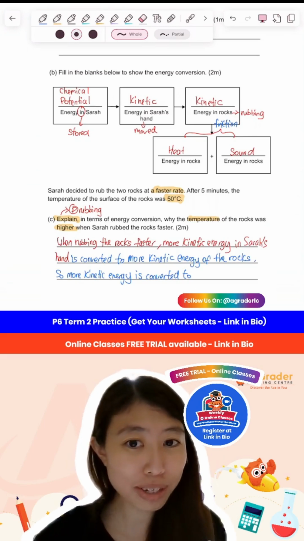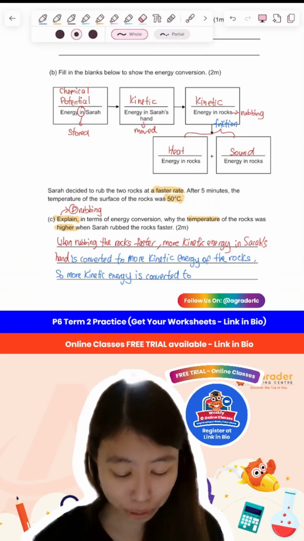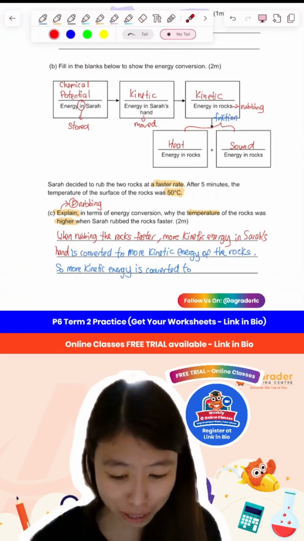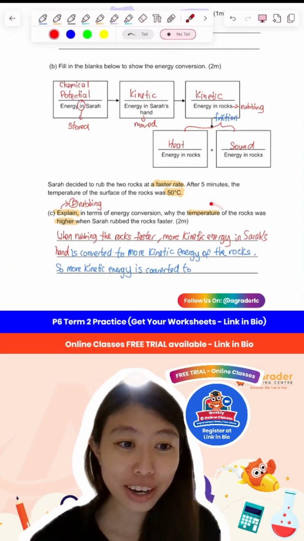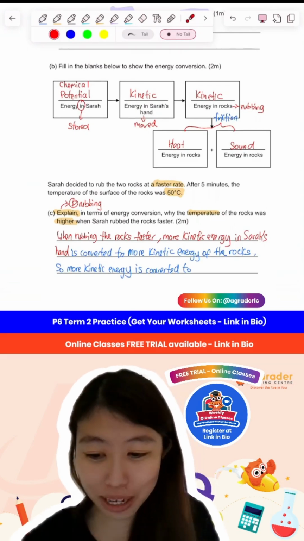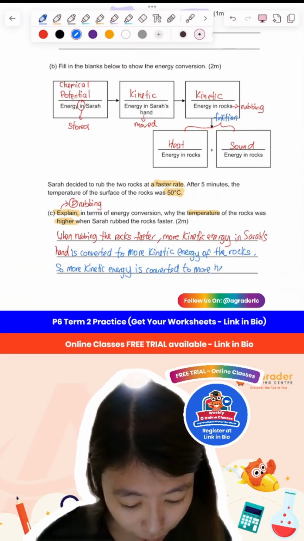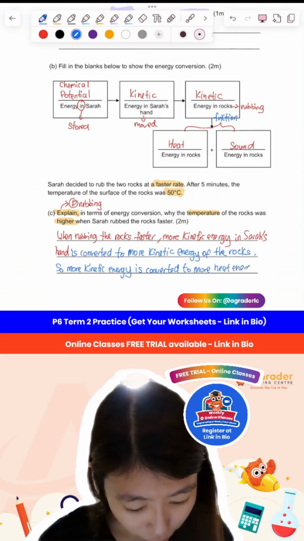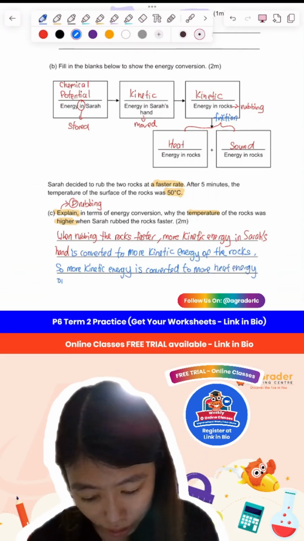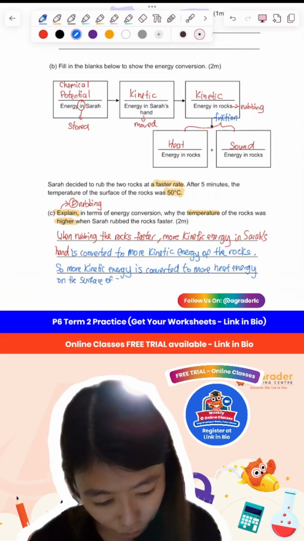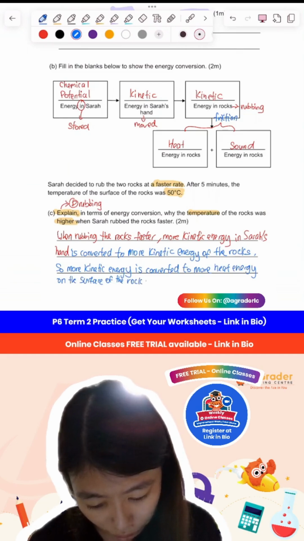Do you need to talk about sound here? No need to talk about sound. The focus here isn't about sound. The focus is on temperature. So not necessary. Don't need to write about sound actually. Okay. So it's converted to more heat energy on the surface of the rocks.